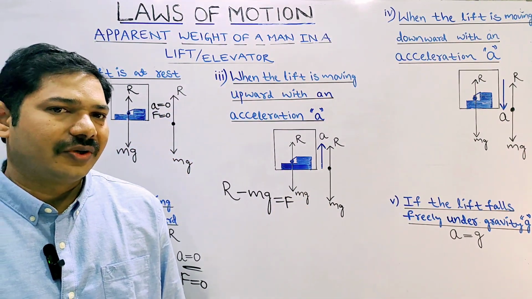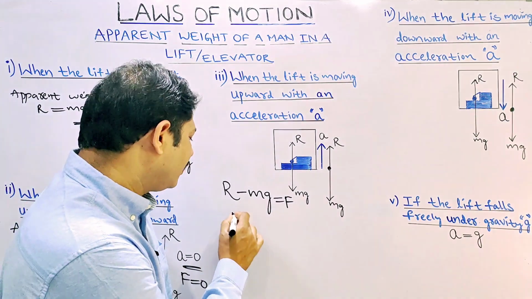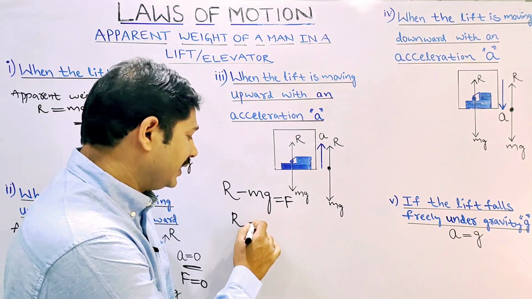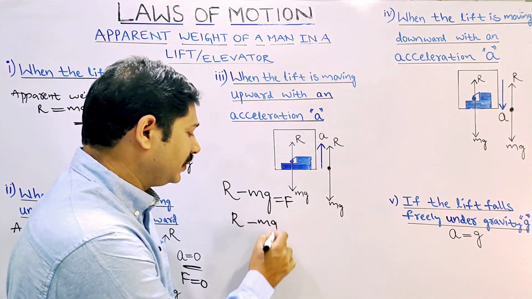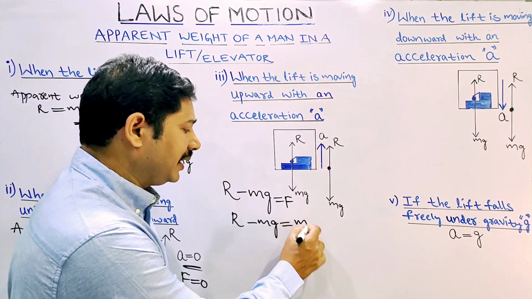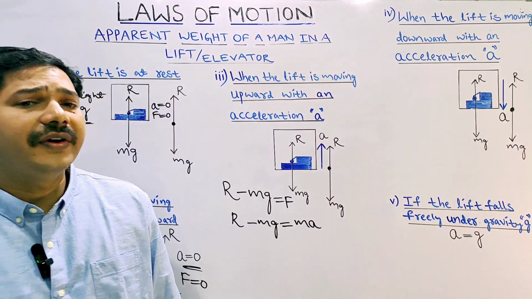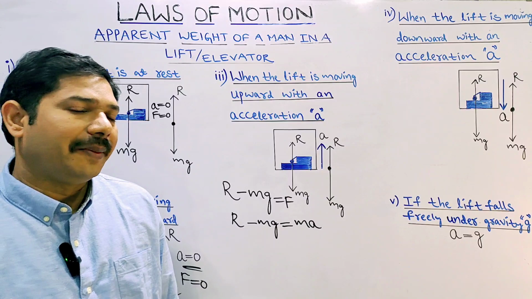Here R minus mg equals F, and we know the formula F equals ma.